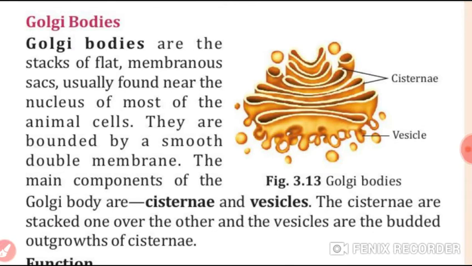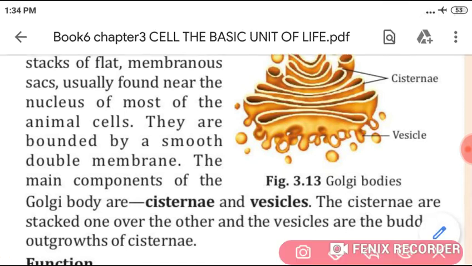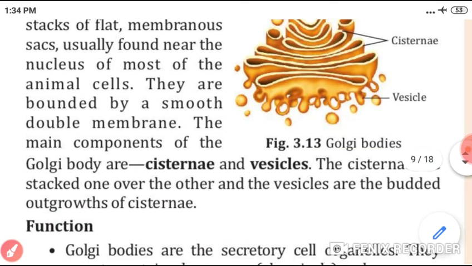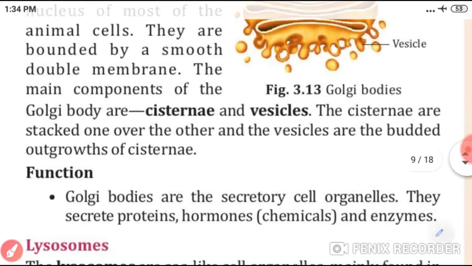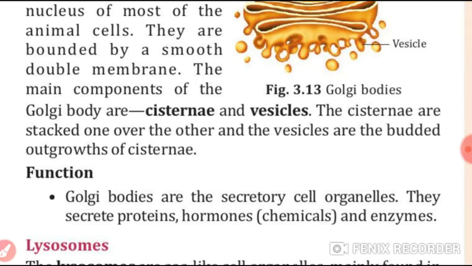They are bounded by a smooth double membrane, students, and the main components of this are what? Cisternae and vesicles. The cisternae are stacked one over the other and the vesicles are the budded outgrowths of cisternae.